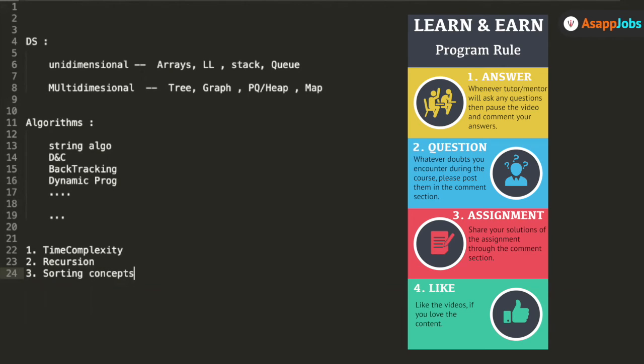In every next session, the initial 15-20 minutes will be about the doubts you had in the questions given to you. We'll discuss the theory of each of the questions, and then we'll move on. So this is how we'll go.